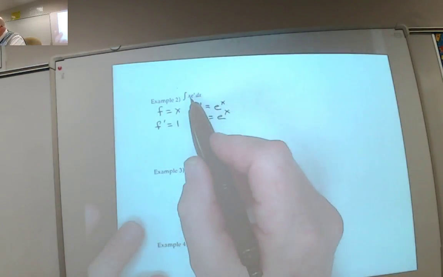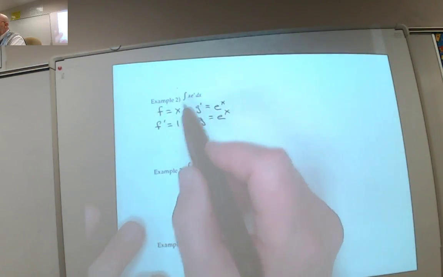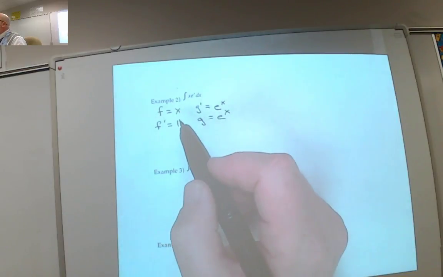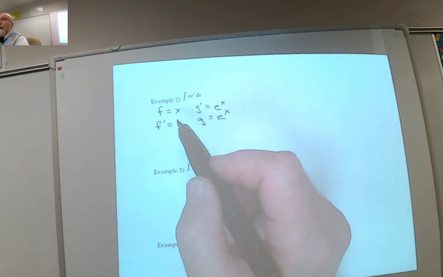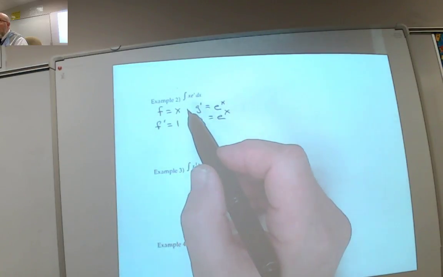So I chose this to be f because when I take its derivative, it decomposes and gets simpler. If I would have made it an integral, it would have become 1/2 x squared, correct? And becomes more complex. Does that kind of make sense?